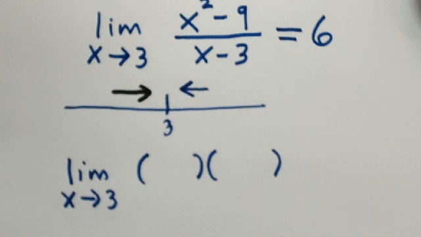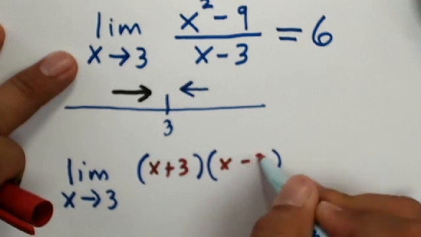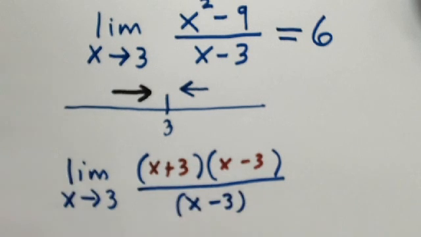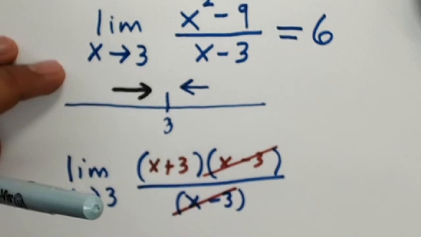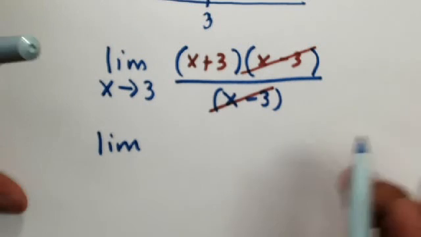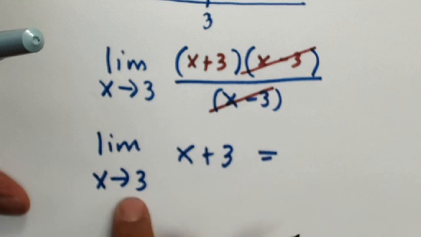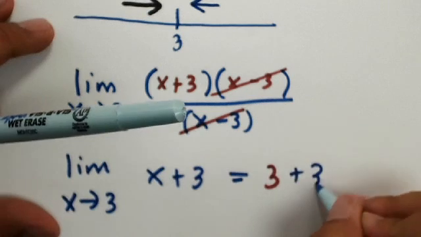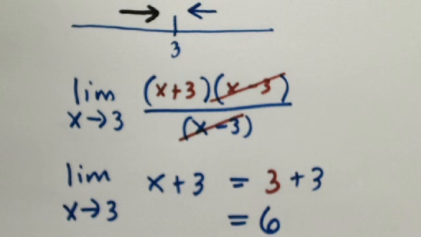So the numerator factors to x plus 3 times x minus 3, and in the denominator we have an x minus 3, and there we see these terms disappear, and we're left with the limit as x approaches 3 of x plus 3, and we can see how now substituting the 3 gives us the 6 that we knew was the answer. And that's a very easy case, because in this case all you had to do was factor.